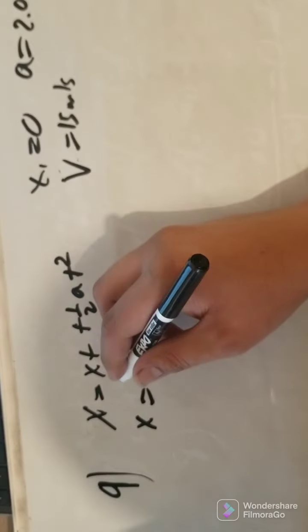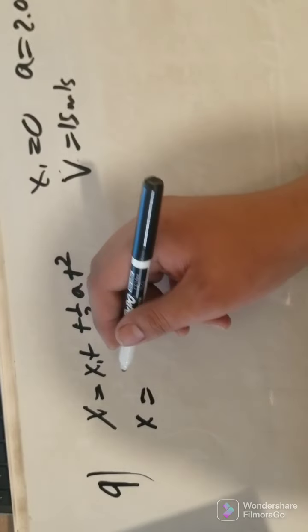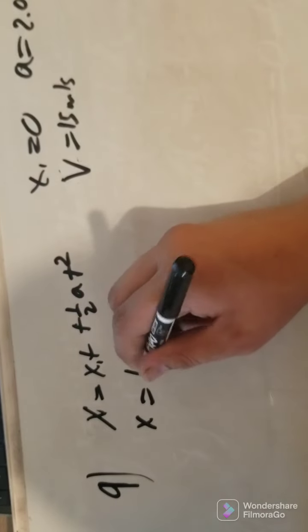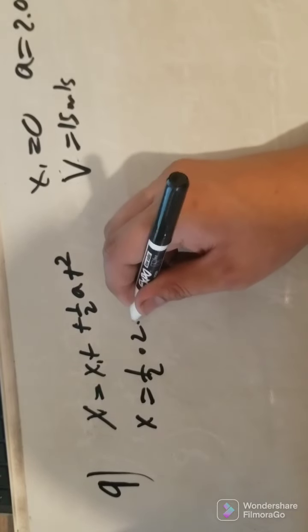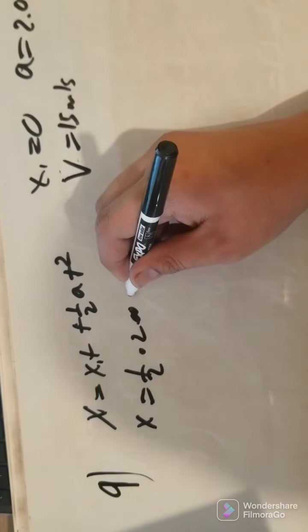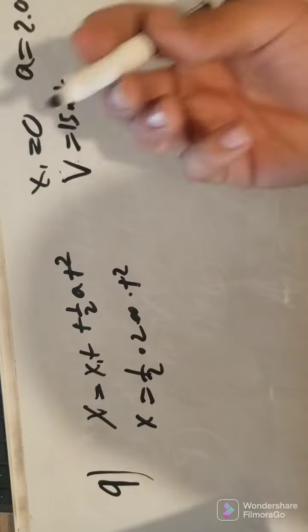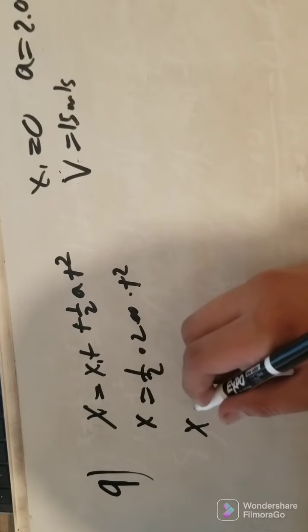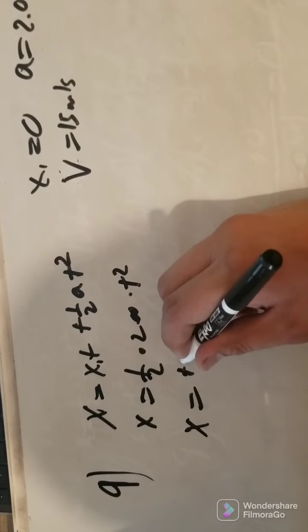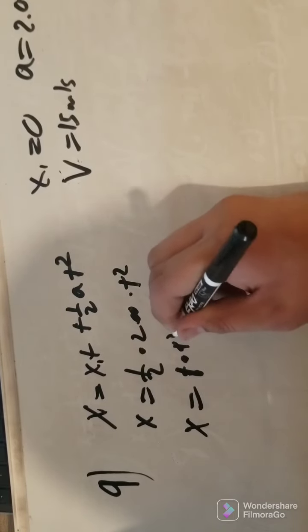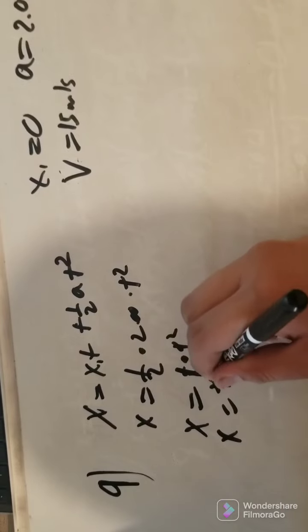Since x is going to be 0, which is x1, it's just 1/2 times 2.00 times t squared, because we don't know t yet. So 1 times t squared, x is equal to t squared, okay?